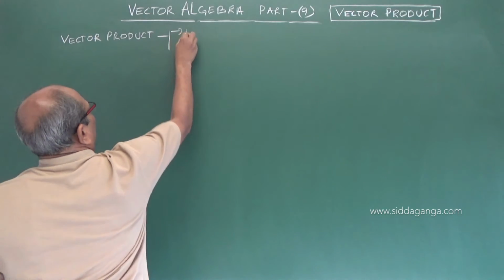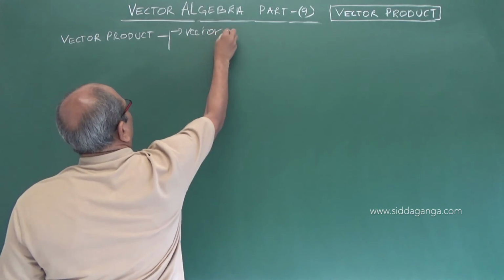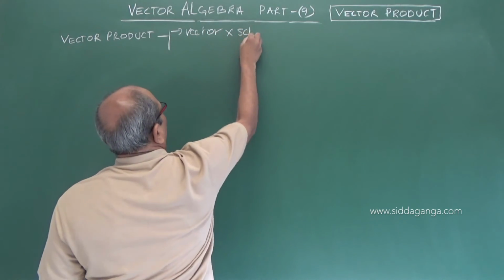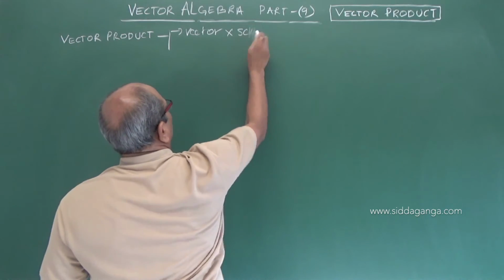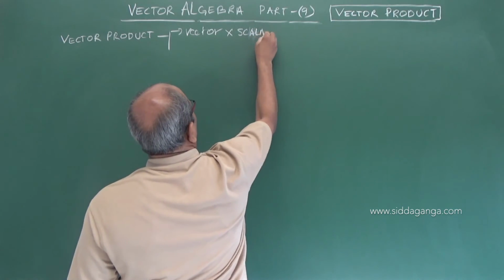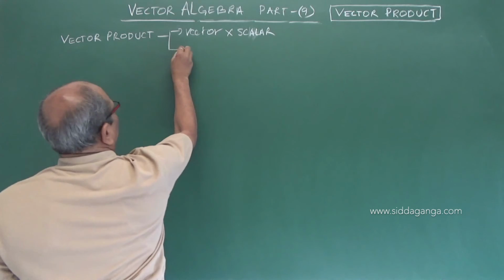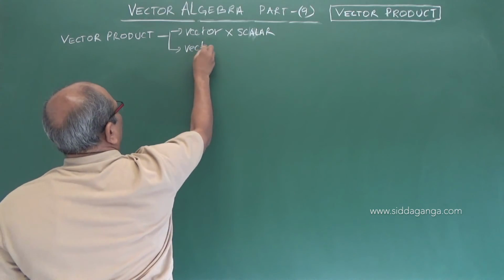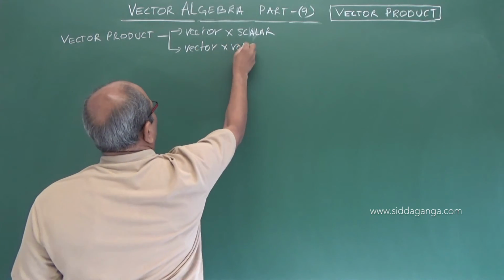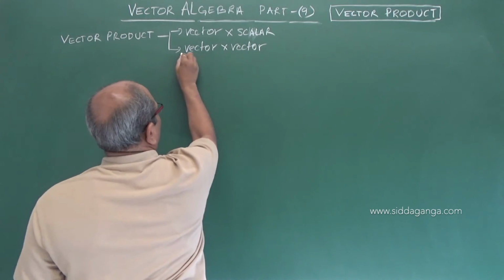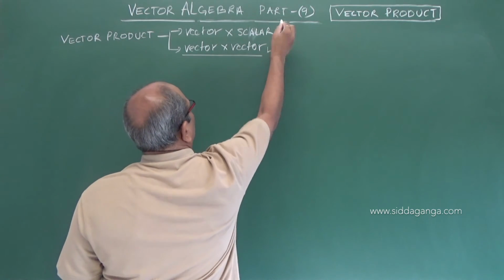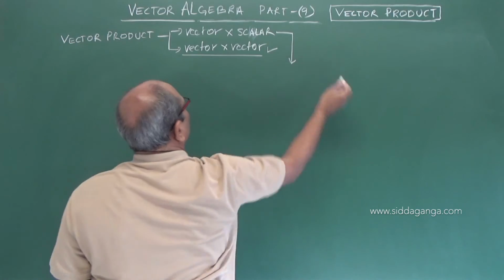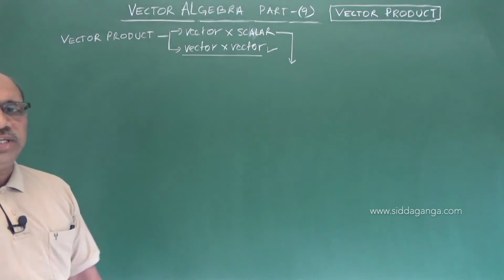Number one, vector multiplying with a scalar. And another is vector multiplying with a vector. What this is, let us see in the next class. But today I am taking vector multiplied by a scalar.